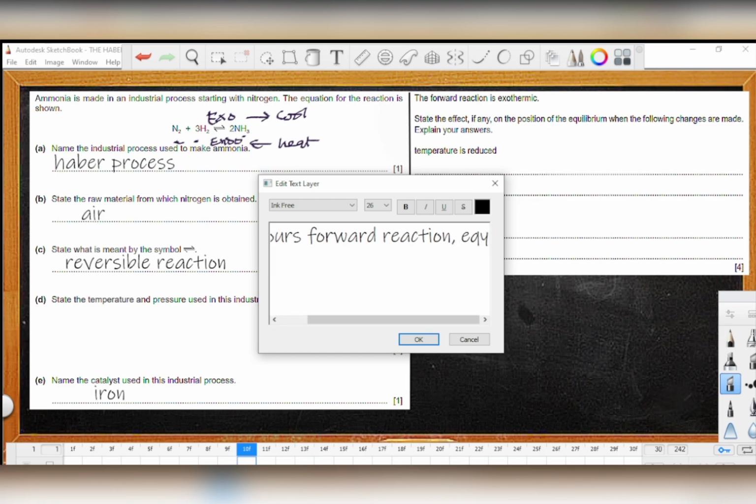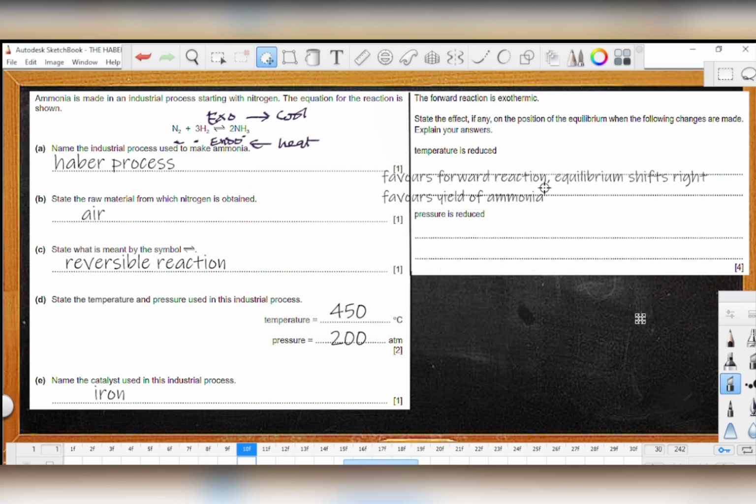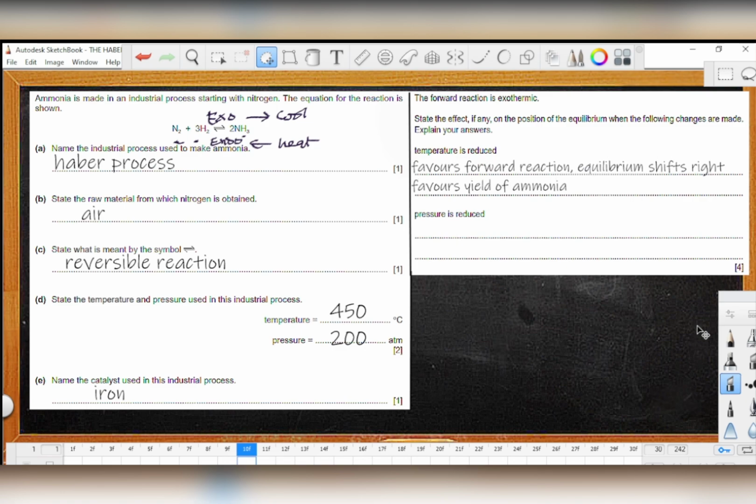Equilibrium shifts to the right and it favors the yield of ammonia. So these are the things that are obtainable when we decrease the temperature. It will favor the yield of ammonia. Equilibrium will shift to the right and it will favor the forward reaction.